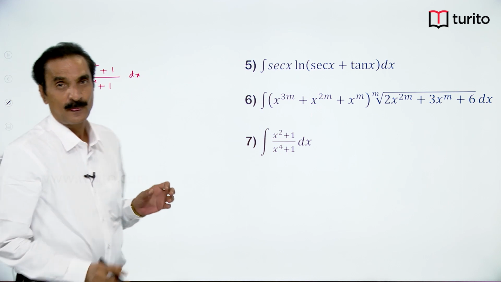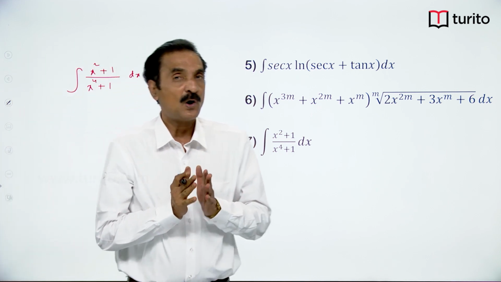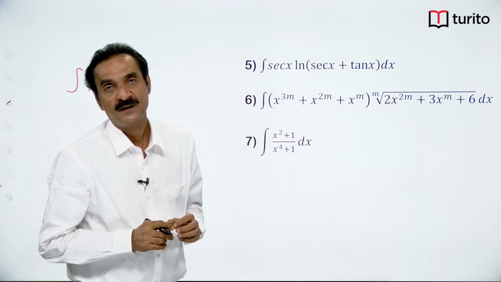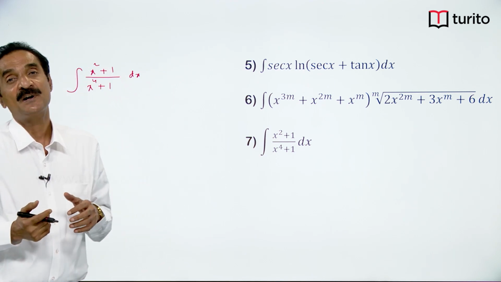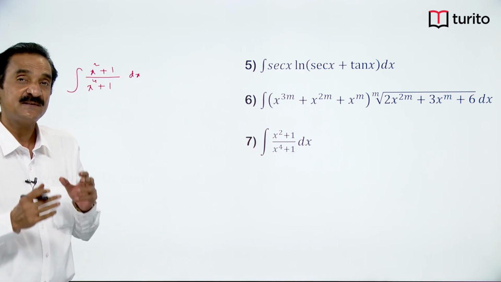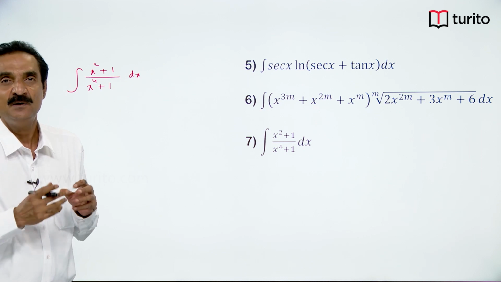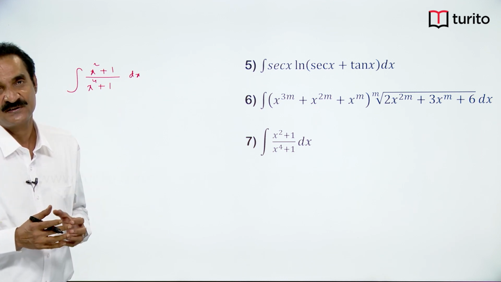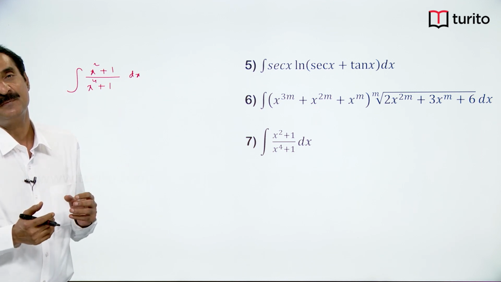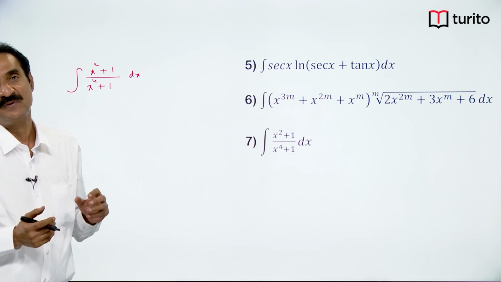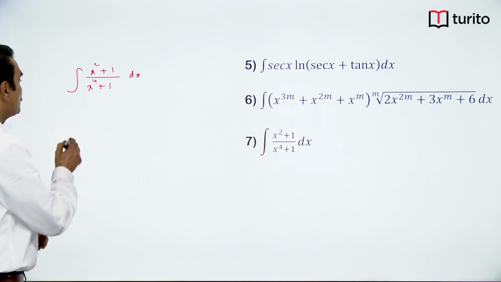In this question, in order to identify the substitution, we divide numerator and denominator by x square. This is a very good technique in many questions similar to this. Dividing numerator and denominator by x square, let us see what happens.